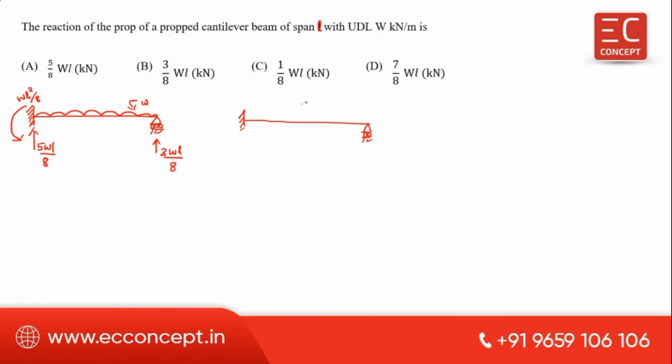Similarly, one more formula you have to keep in your mind. Prop cantilever with center point load W. Now this value is equal to 5W by 16. This one is 11W by 16. This is L by 2. This also L by 2. And this moment is equal to 5W by 16 into L minus W L by 2.